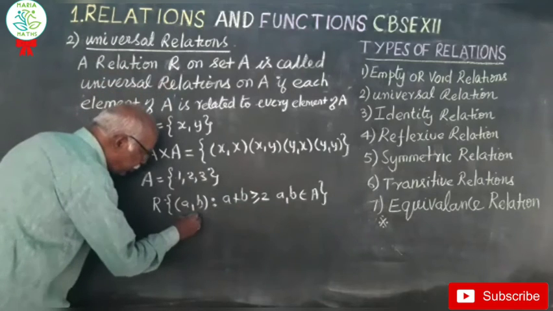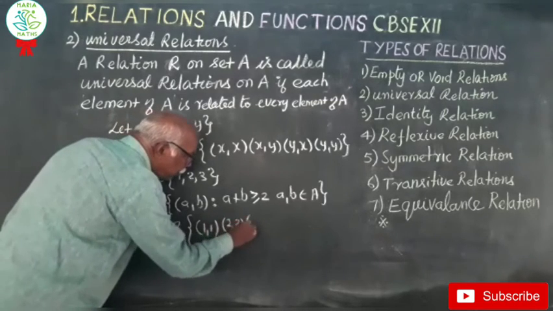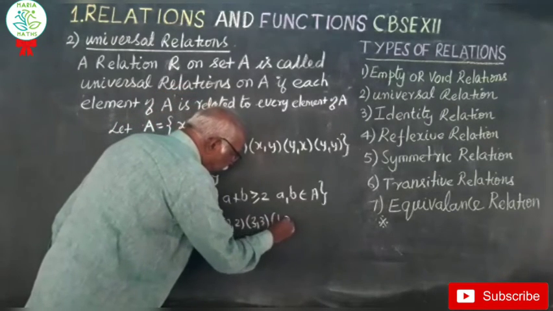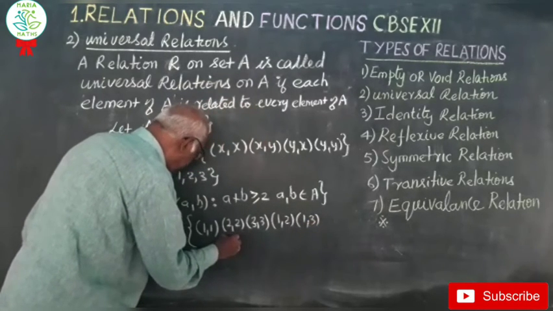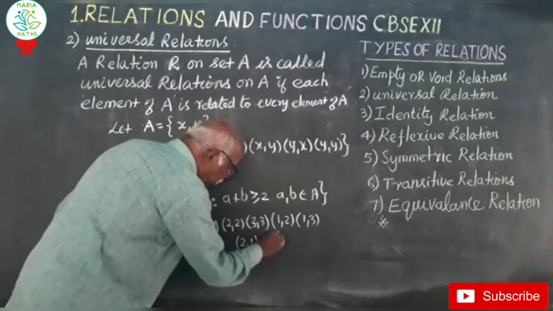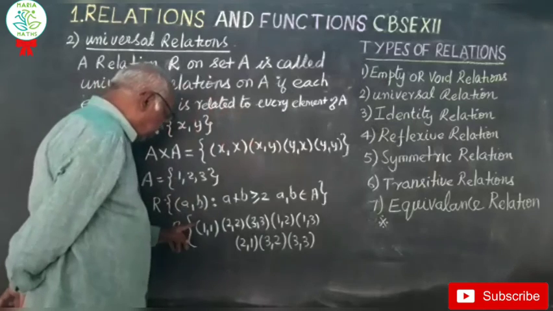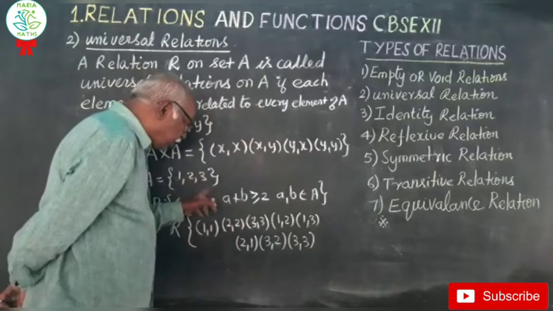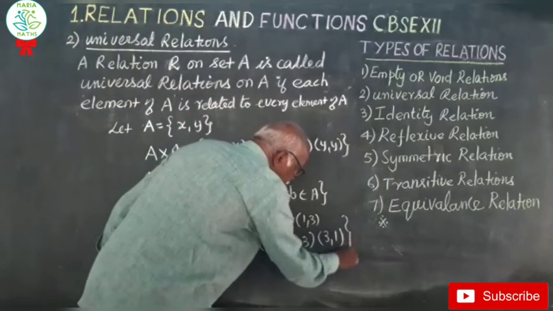So the possible ordered pairs in the relation are 1,1; 2,2; 2,3; 3,3; 1,2; 1,3; 2,1; 3,2; and 3,1.